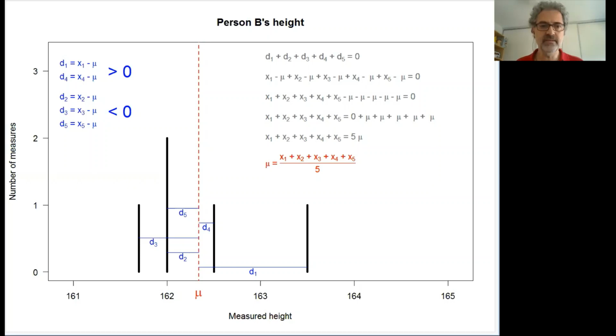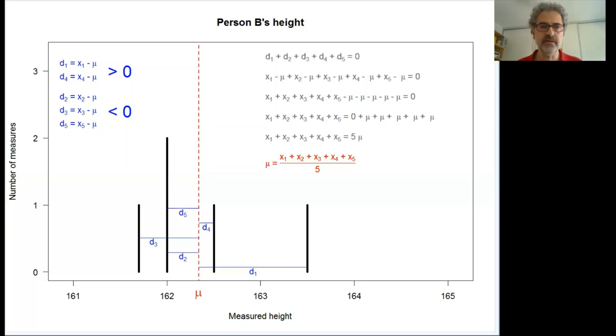What this means is that the mean expresses the idea that it's a balance point. It's the point where the pulls from all the available data settle and counteract each other exactly. And in mathematical terms, this is exactly the same as saying that the total distance equals 0.